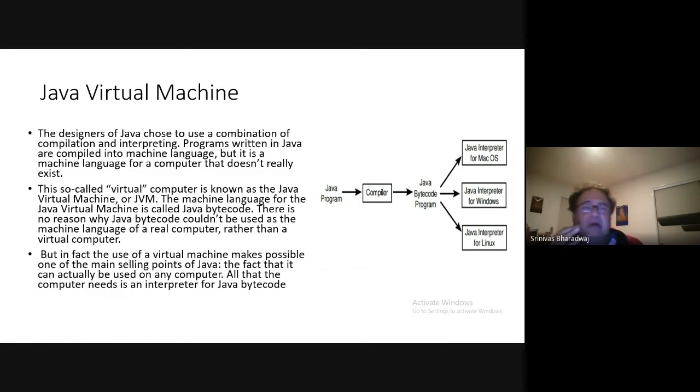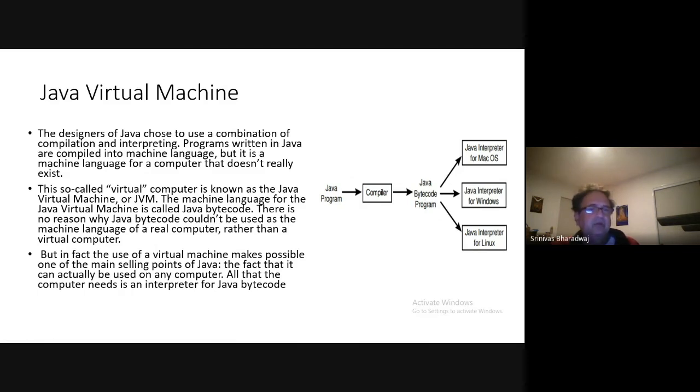It could be a MacBook Pro, or a Windows machine made by HP, or a Linux or Ubuntu machine. You can get a Java program for that machine, which can then interpret a particular class.